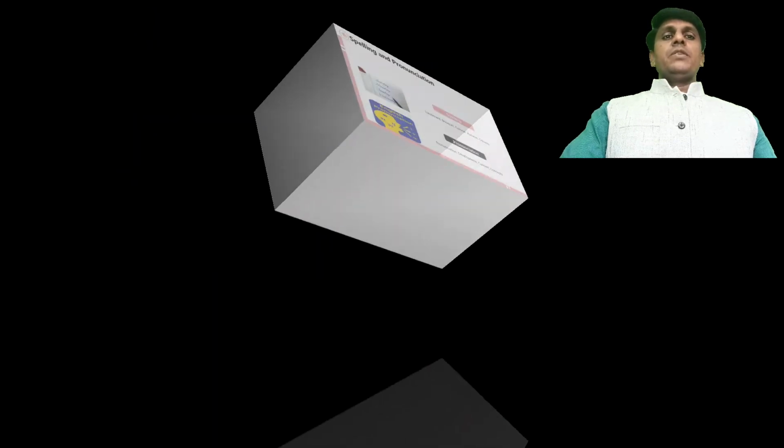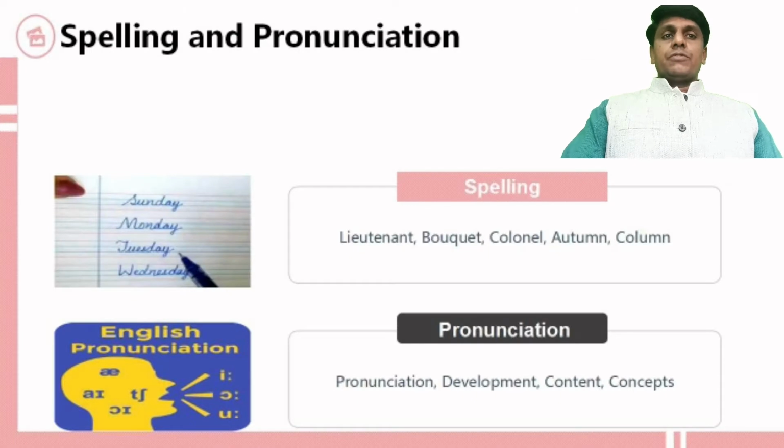Then the next dimension, when we are talking about words and knowing of words, is spelling and pronunciation of words. When we talk about spelling and pronunciation, sometimes we say that I am a learned one.